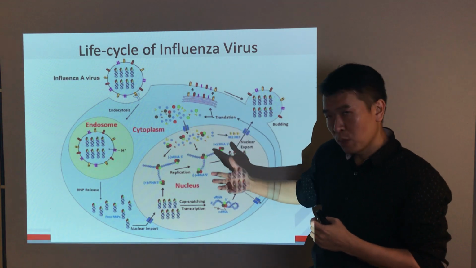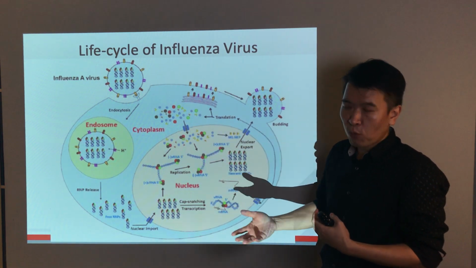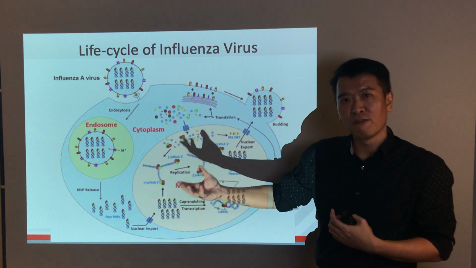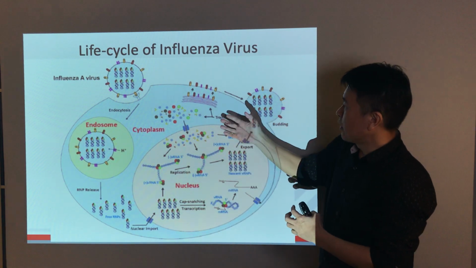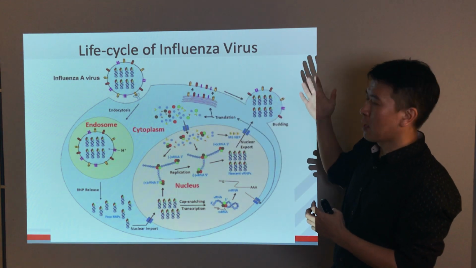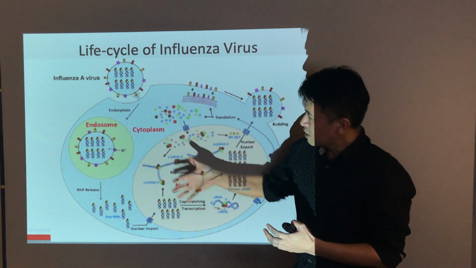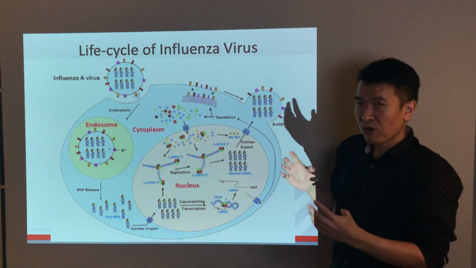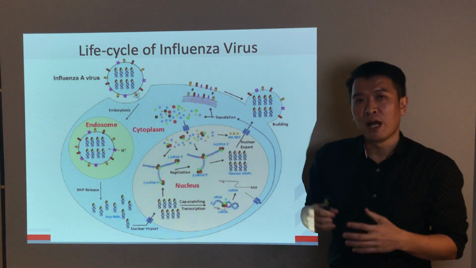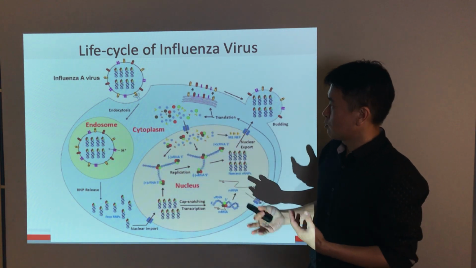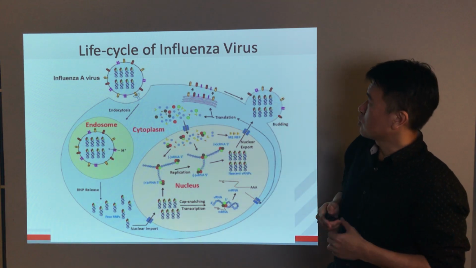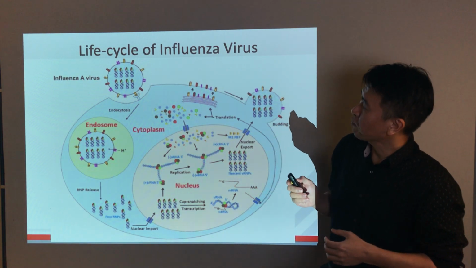Once the viral protein is sufficient, they move on to the fourth step, which is genome replication, producing a lot of viral genome. Then they assemble at the cytoplasm and eventually bud out from the cell. So this is basically the overview, and what we're going to look at is the detail of every single step, how the viral protein is produced, as well as the genome replication, and in the end produce new viral progeny.